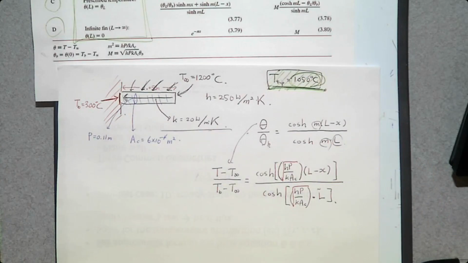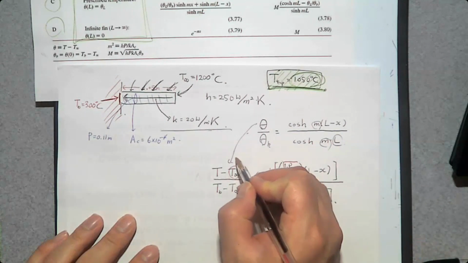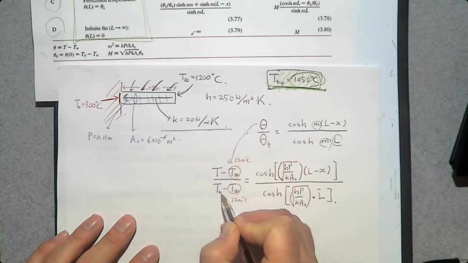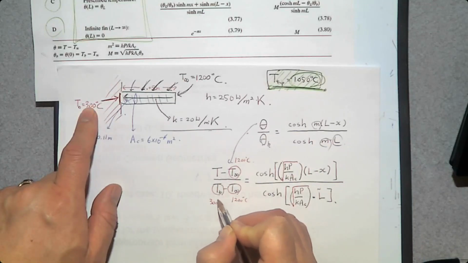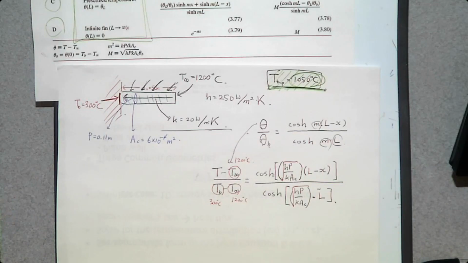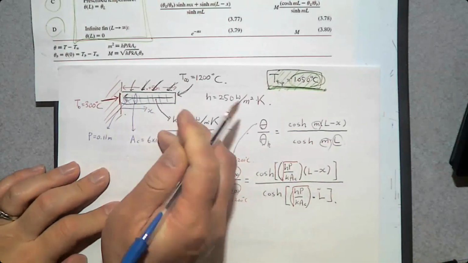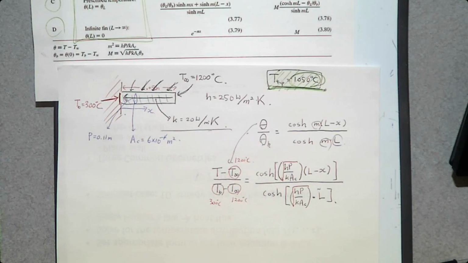Then let's solve this equation. What is the T infinity? 1200. So this one is 1200. What is the base temperature? 300. Then, what is the temperature that we want to determine? The temperature at the tip. So what is x? x starts from the base. So when x is the length of the fin, then it's going to be at the tip.